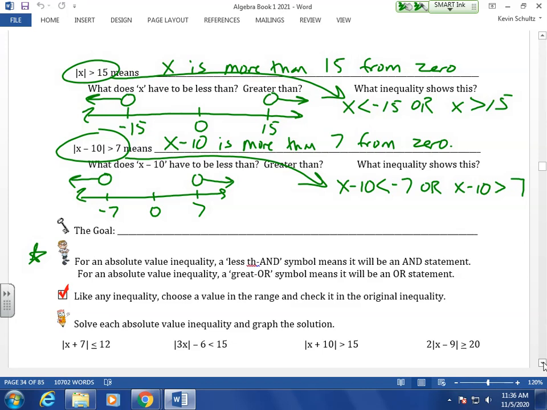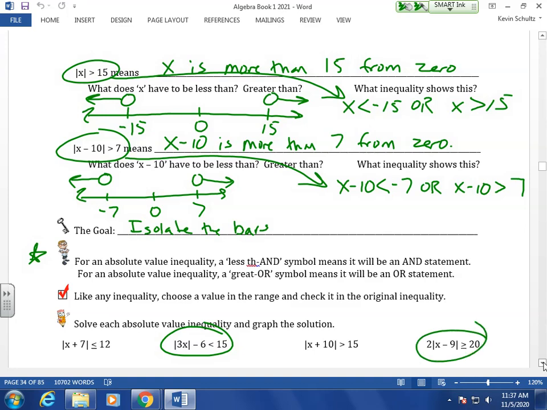Okay? But essentially, the goal here, remember with absolute value equations, how our goal was to isolate the bars? If there's other stuff with the absolute value bars, and we see that in our fourth one, starting out with our second one here, we got a -6. We have to take care of that first. We have a 2 out in front. Have to take care of that first.